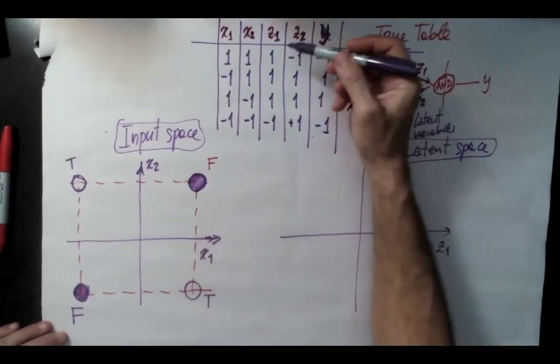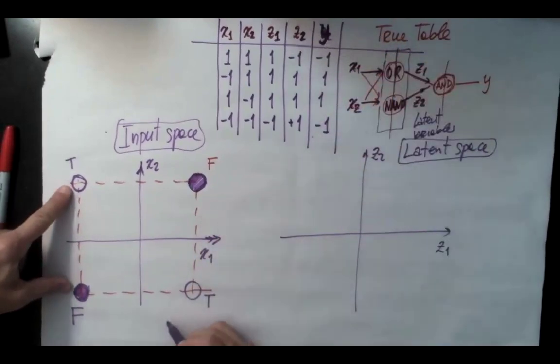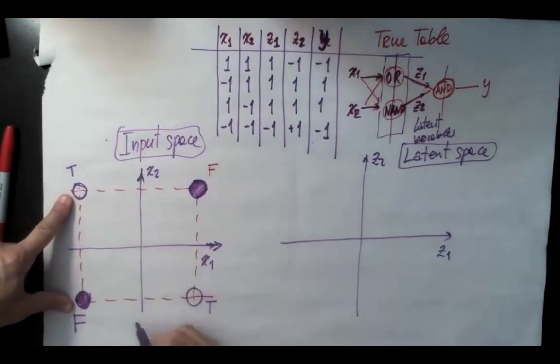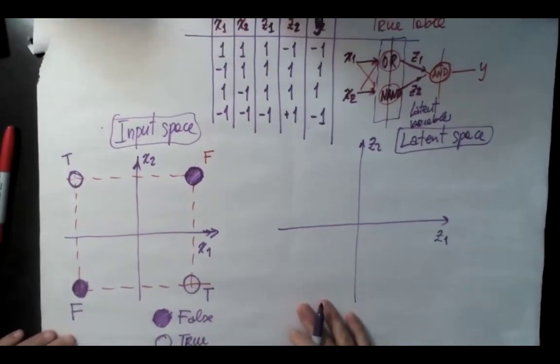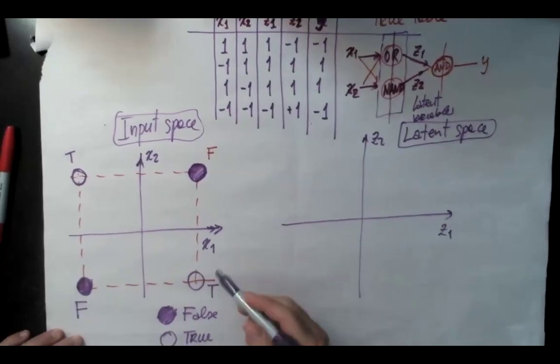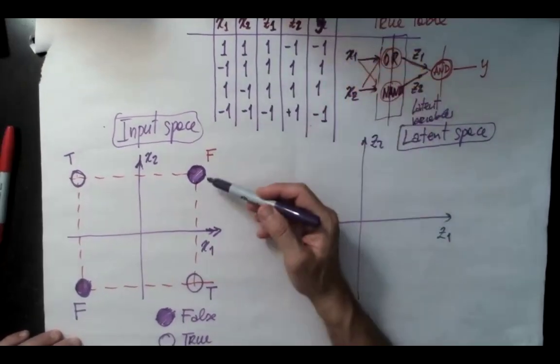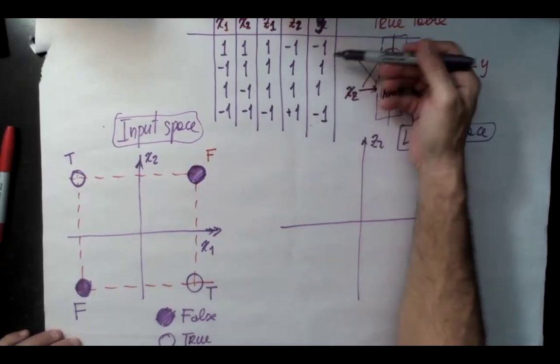Here I'm representing this as false, this as true. These are the outcomes of the XOR, the final output.